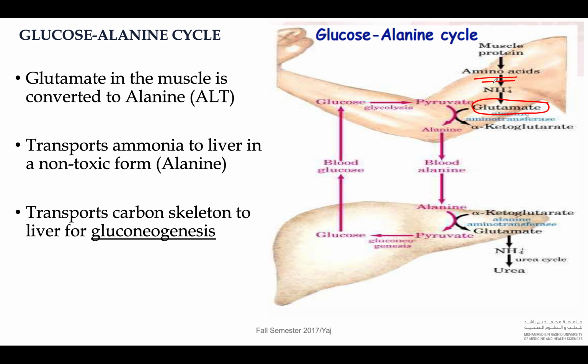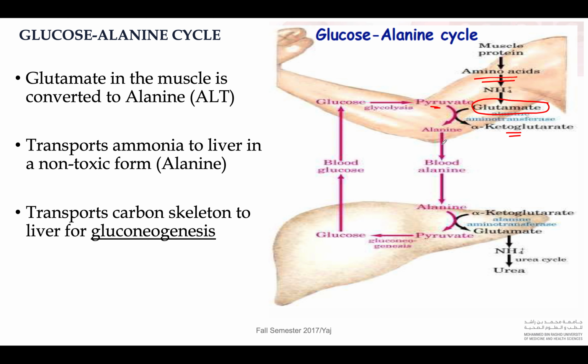For now, just look at the pathway. Glutamate, in the presence of pyruvate that is produced from glucose by the process of glycolysis, is converted to alanine and alpha ketoglutarate. This alpha ketoglutarate can go into the TCA cycle to produce ATP.